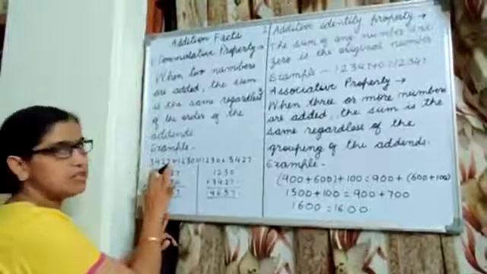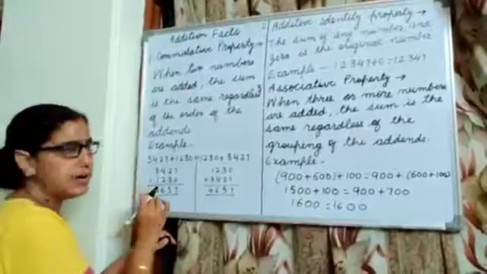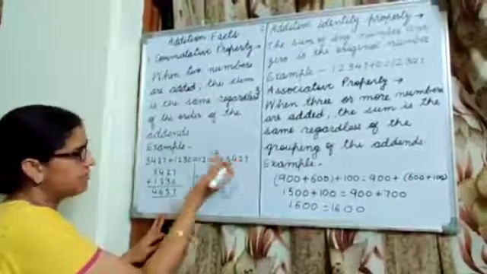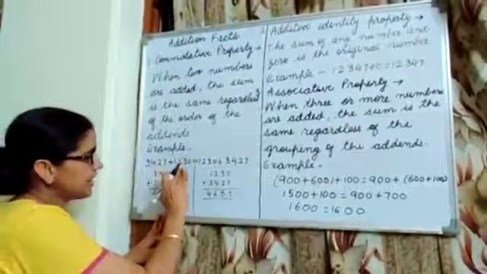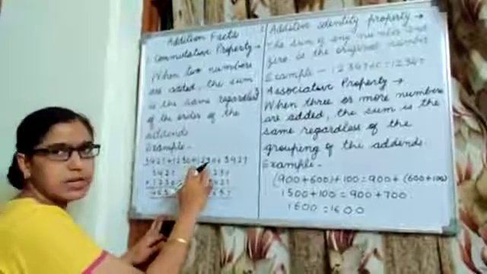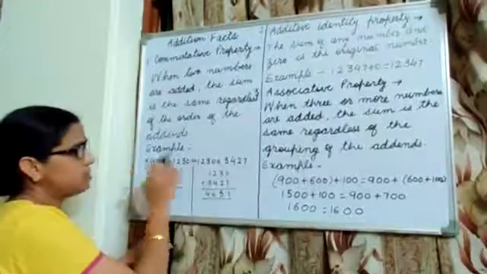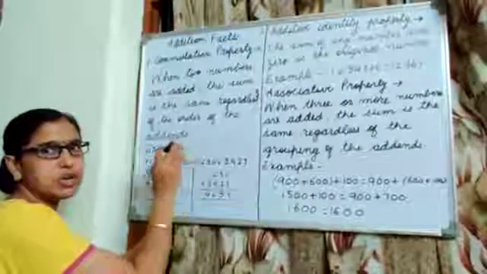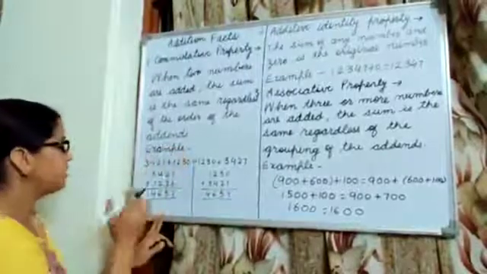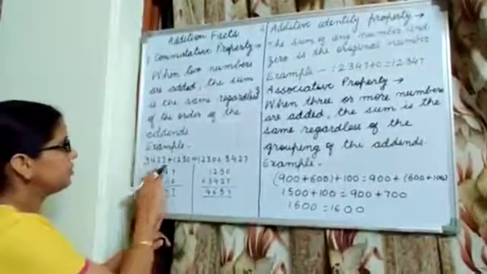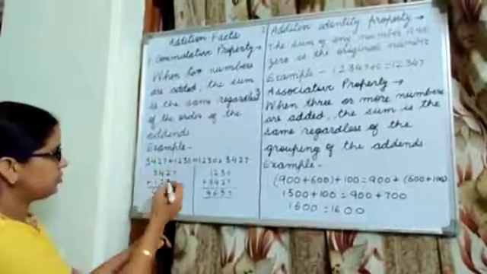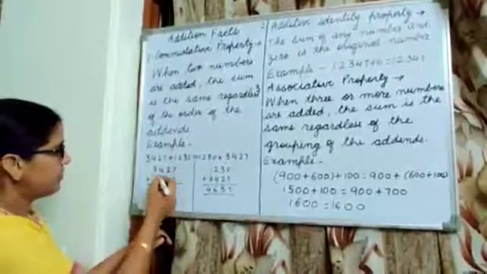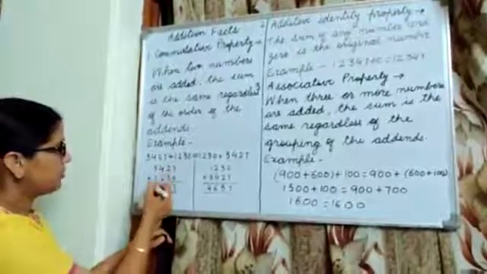Here this is the first addend, this is the second addend. Now on the right side, what happens? The second addend becomes the first addend and the first addend becomes the second addend, so we have changed the order of the addends. Now I add 3427 plus 1230: 7 plus 0 is 7, 2 plus 3 is 5, 4 plus 2 is 6, 3 plus 1 is 4.